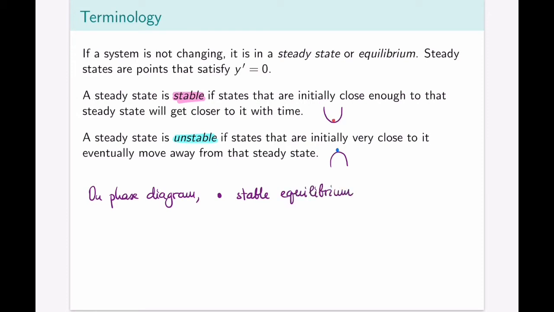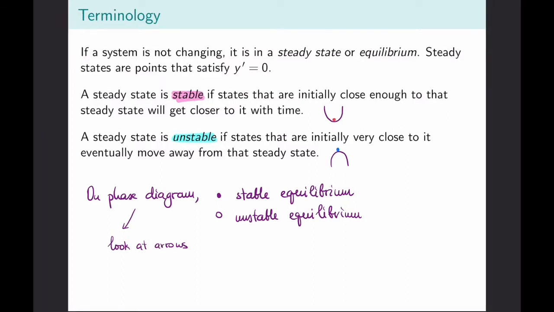And we will use an open or hollow circle for an unstable equilibrium. And again, on the slope field, we're going to be looking at where the solution leads us. And on the phase diagrams, we're going to be looking at arrows.